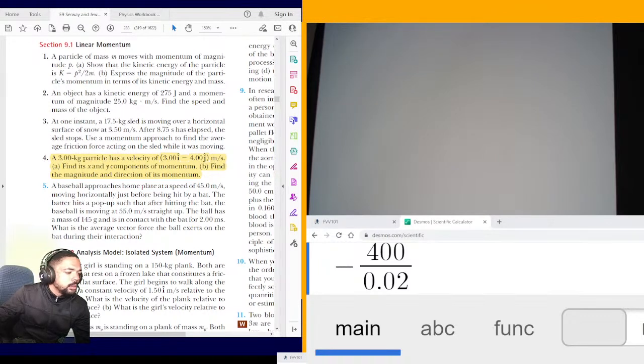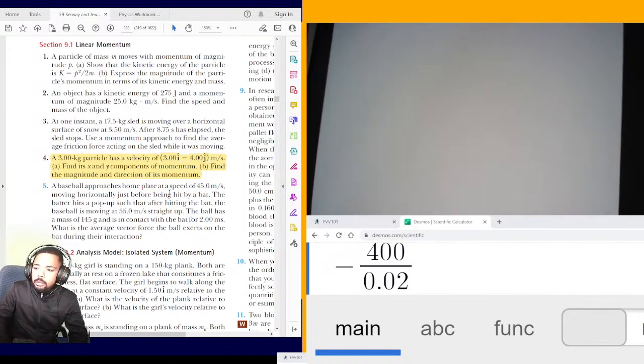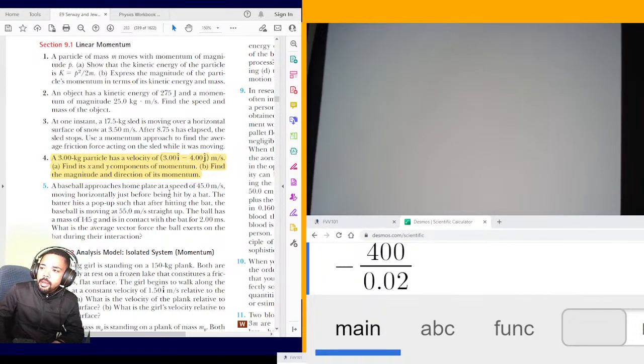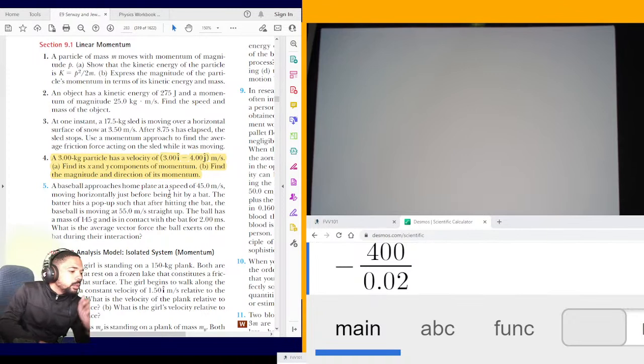Okay, good. A 3 kilogram particle has a velocity of 3 i hat minus 4 j hat meters per second, so this particle is moving in both the x and y directions.